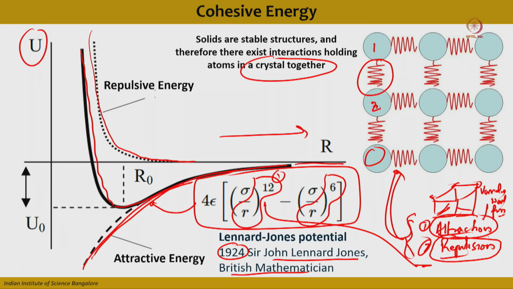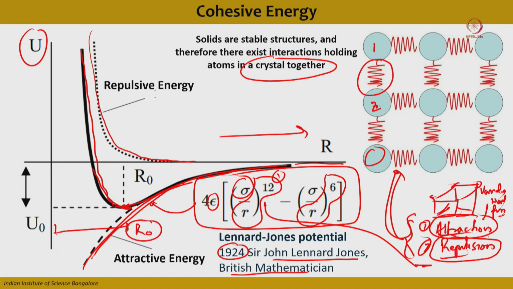In this equation there are two other terms, sigma and epsilon. Fine. And what are sigma and epsilon? If you see this resultant potential energy curve, you can see that there is a minimum point where the potential energy is minimum, meaning it is the most stable state at that particular distance of r0.